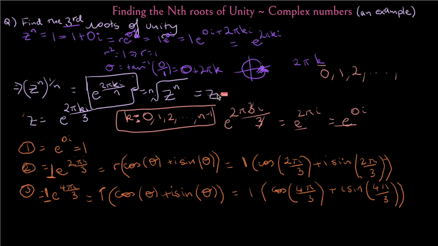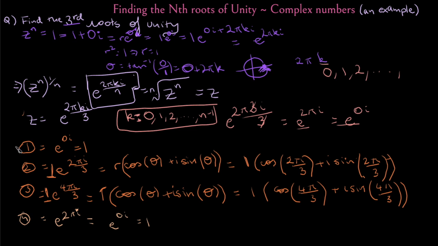Now what happens when we plug in k equal to 3? When we plug in k equal to 3, we'll get e to the power of 2 pi i, and this is the same thing as e to the power of 0i, and we've already written this root out over here.